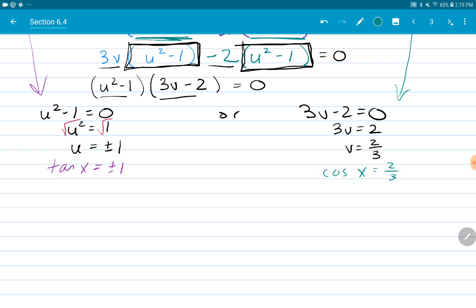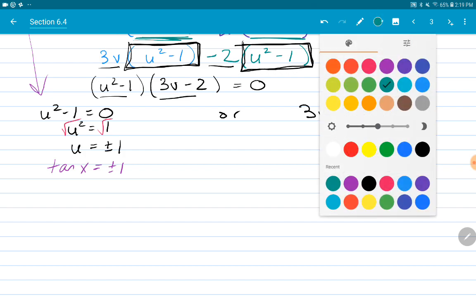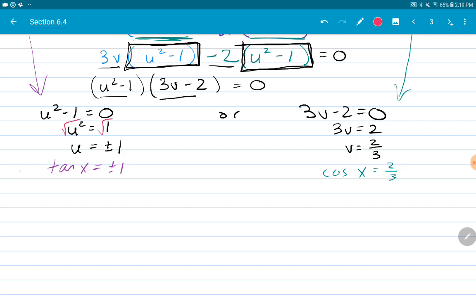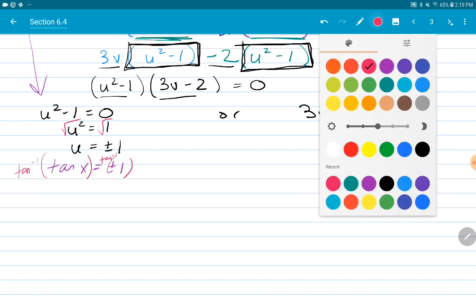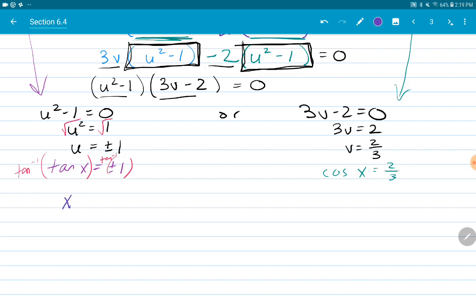So tangent of x equals plus or minus 1. I can look at my unit circle and see what x is going to be. So I'm going to take the tangent inverse of both sides. On the left side I get just x, because the tan inverse and the tan cancel each other.